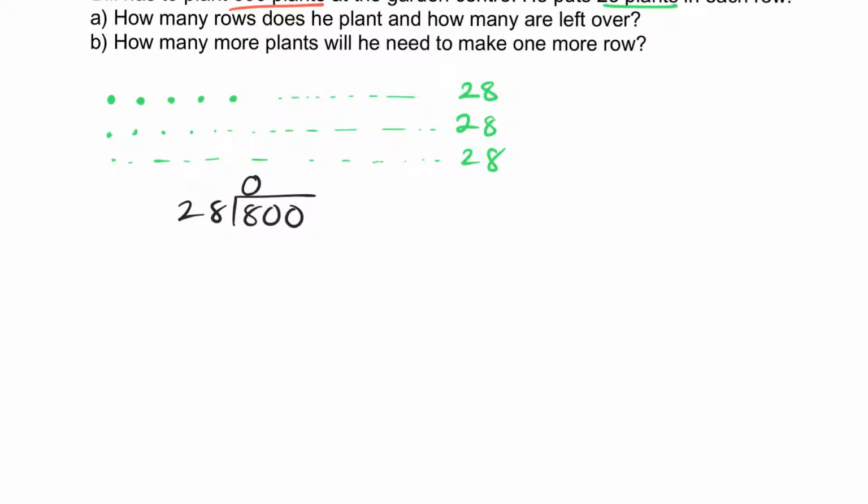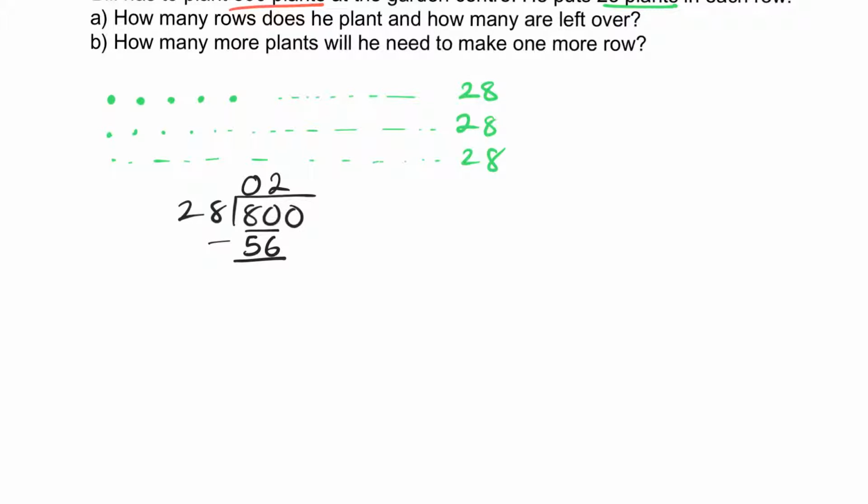How many 28s are there in 80? In 80 there are two lots of 28. 2 times 28 is 56.